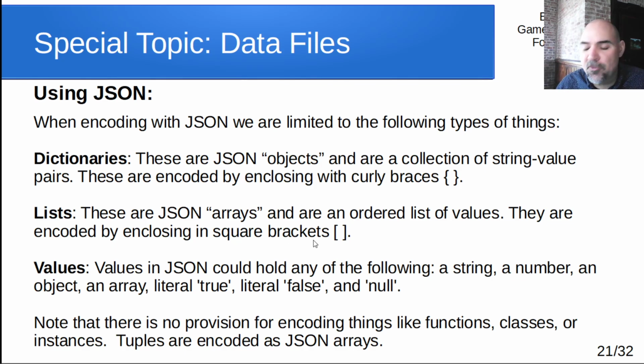It could be a true, a false, or null. And notice that in Python that's True, False, and None, but those get encoded using that. So we can have dictionaries of things, lists of things, and then values that look like strings, numbers, arrays, true, false, and none. So notice that there's no provision in JSON for encoding things like functions, classes, or instances, but we're going to get around the instances one in just a second.